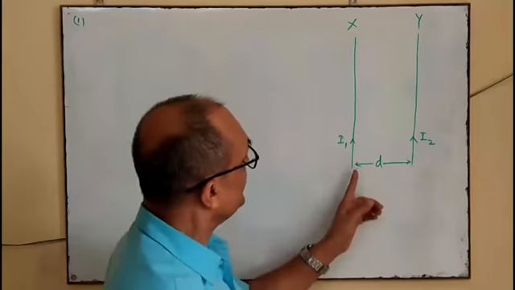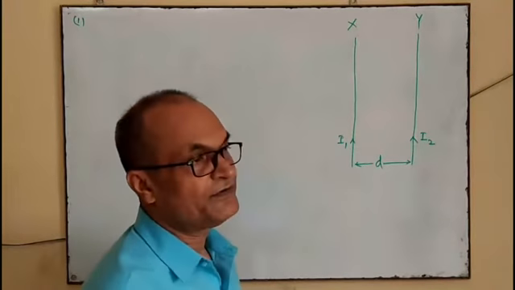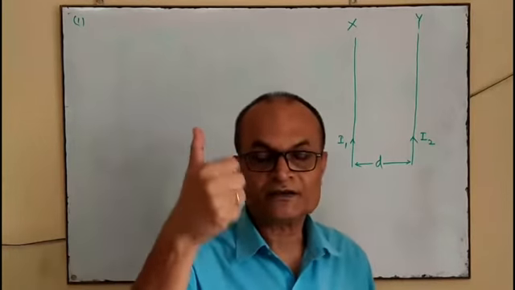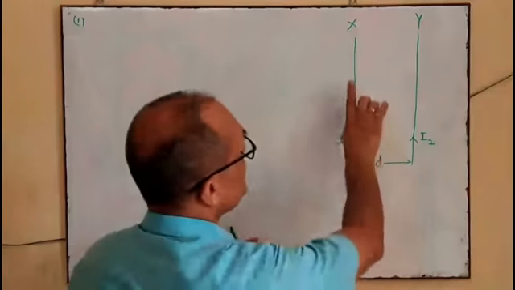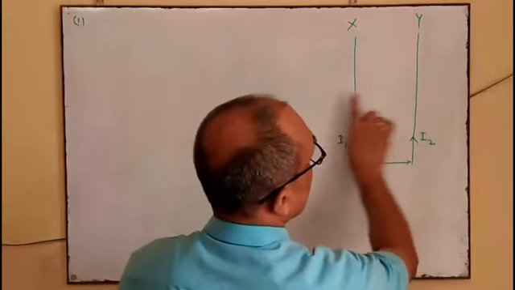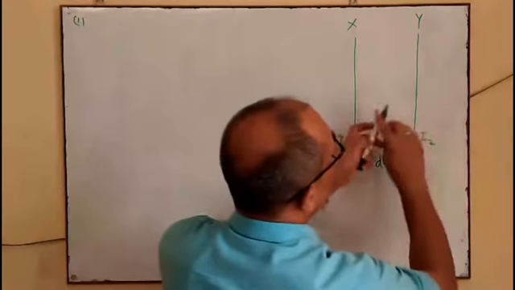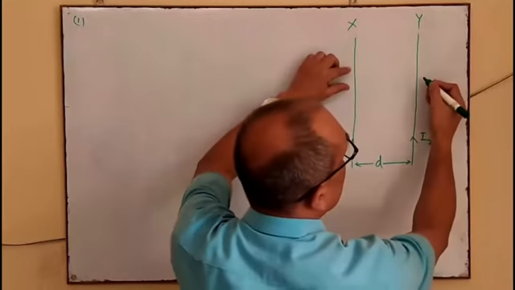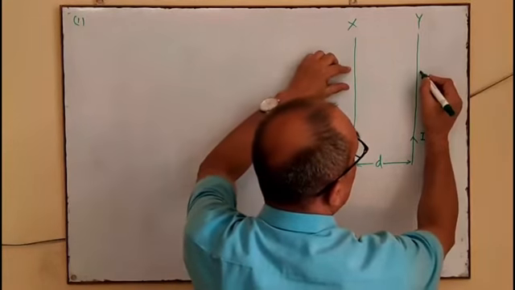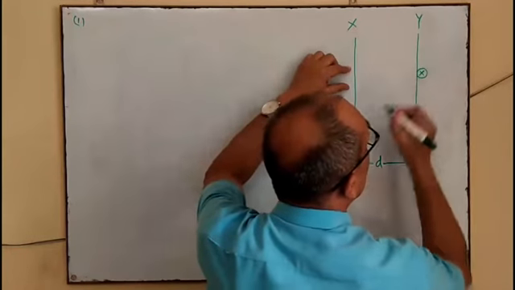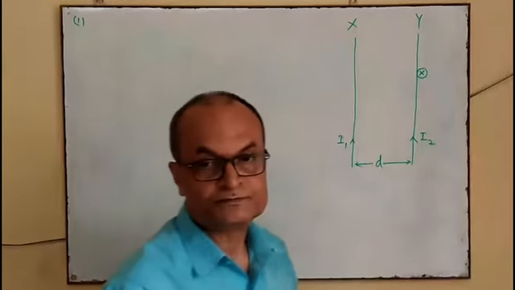Suppose current is flowing through this wire. According to the right hand thumb rule, the magnetic field at this point will be into the board.